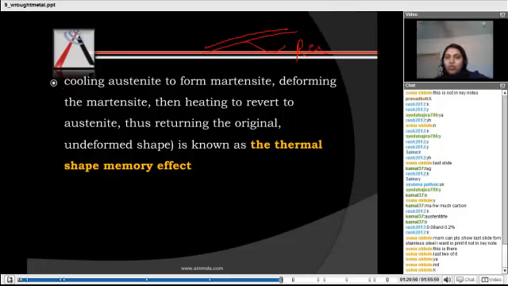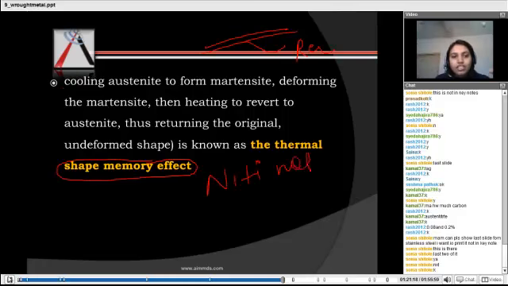We cool it, either by keeping it in the refrigerator or making it cool. We convert it into the martensite phase, and then we bend it. Now when this bent wire is inserted into the oral cavity and heated because of the temperature of the oral cavity, it will try to get back to its shape. That is the shape memory effect of nitinol.